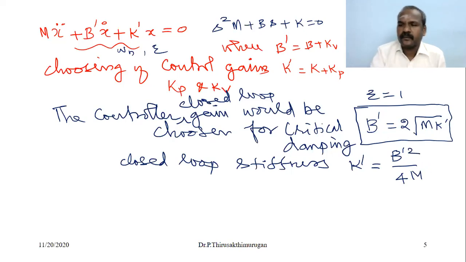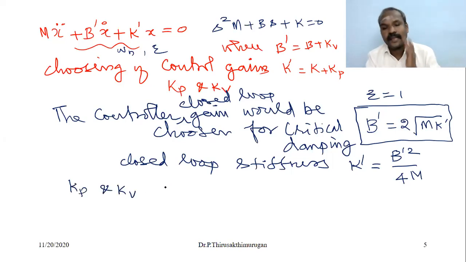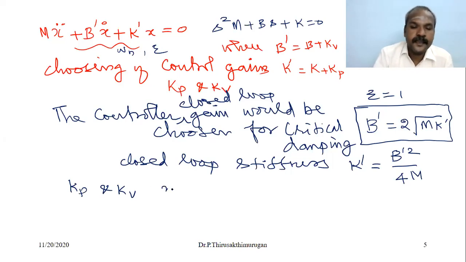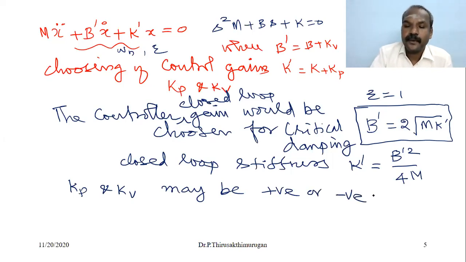Good. Note that Kp and Kv may be positive or negative, depending on the parameters of the original system.